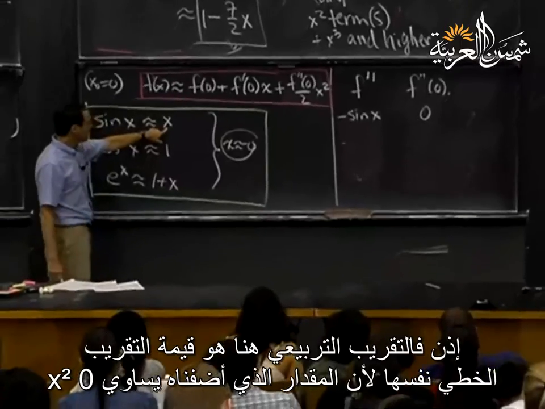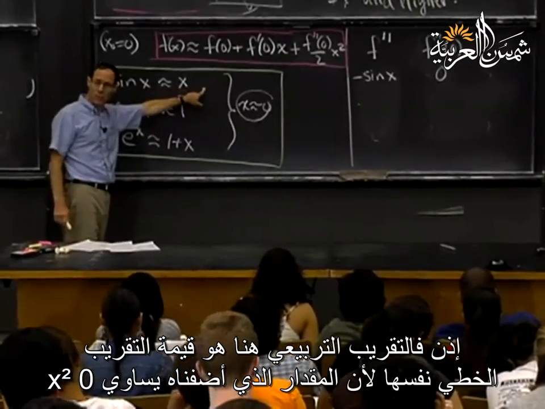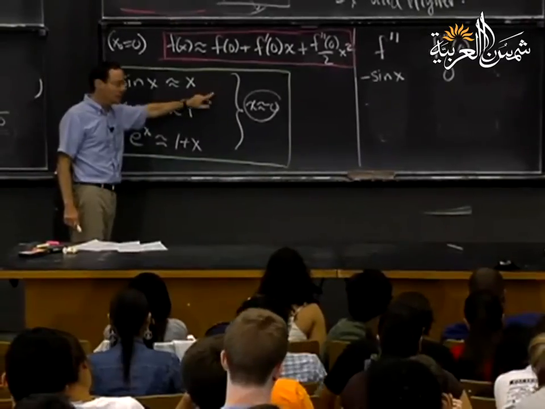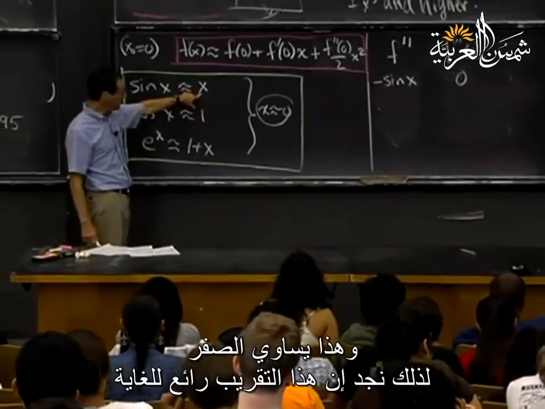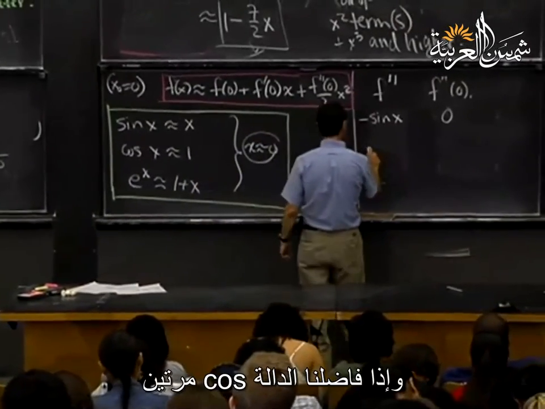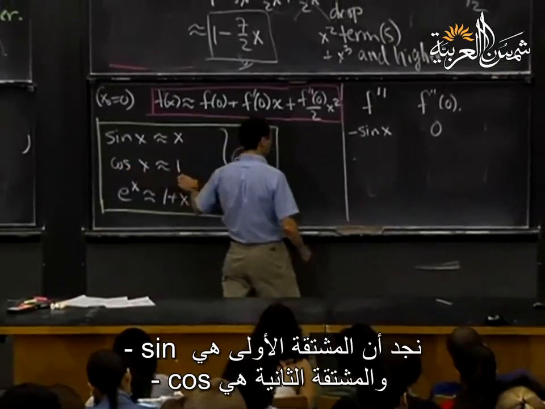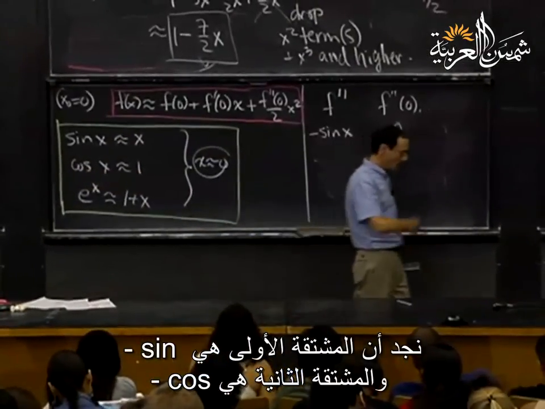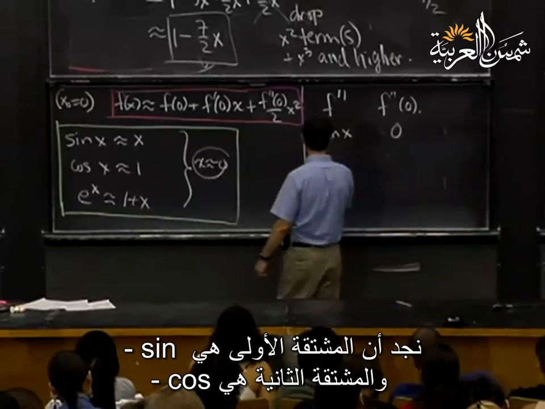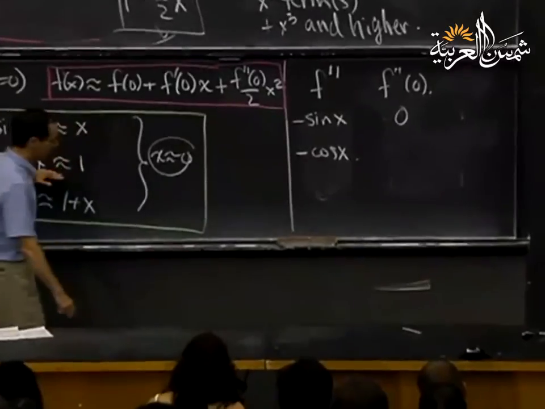So actually, the quadratic approximation is the same. It's 0 times x squared. There's no x squared term here. So that's why this is such a terrific approximation. It's also the quadratic approximation. For the cosine function, if you differentiate twice, the first derivative is minus the sine, and then the derivative of that is minus the cosine. All right, so that's f double prime.